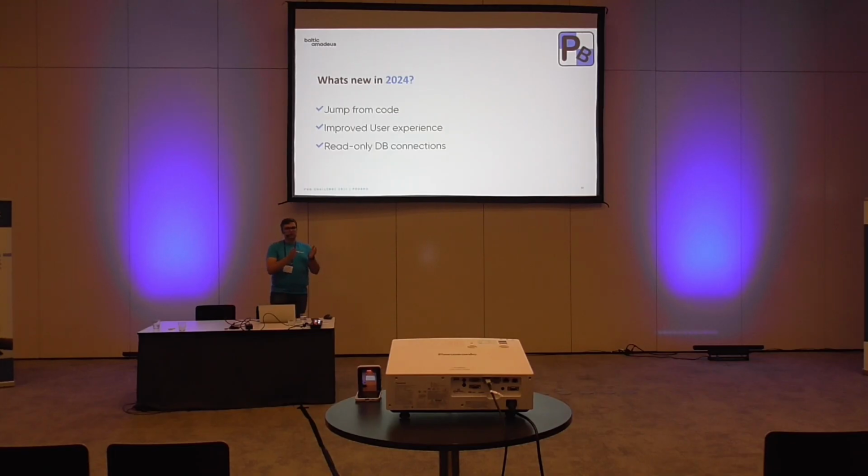If you have in code, let's say, a customer buffer, on hover you can launch a query, and it will open ProBro, and you will be able to see the data. So the data is one click away from your code in this way. We also improved the user experience, fixed some bugs, and made read-only database connections available, because it was not available the year before.